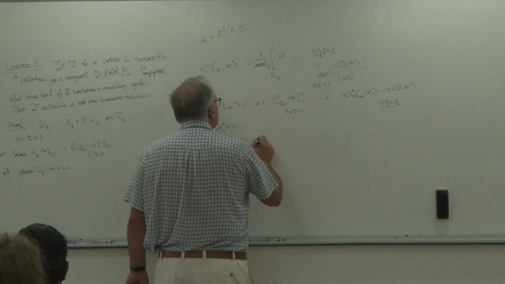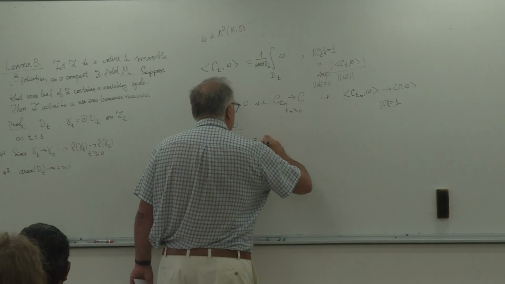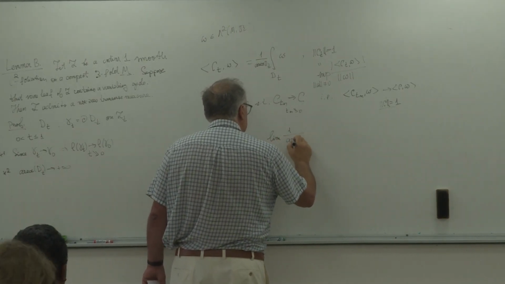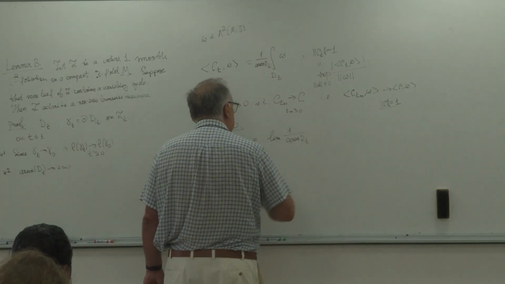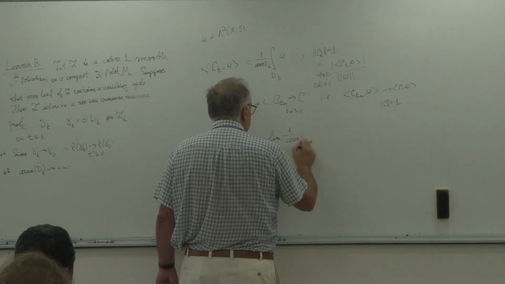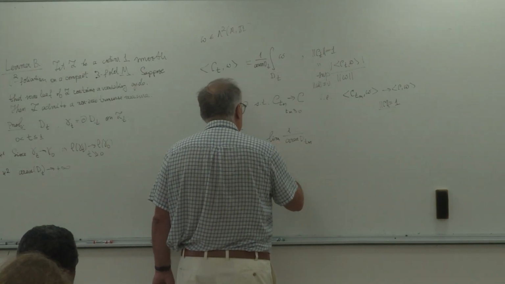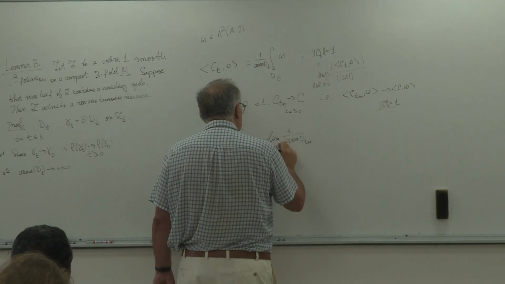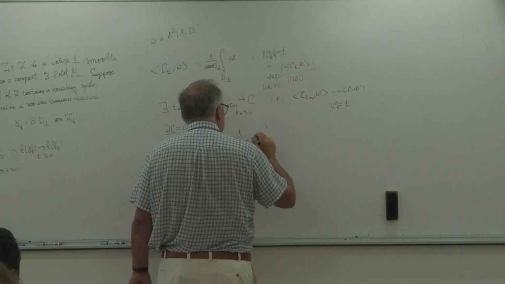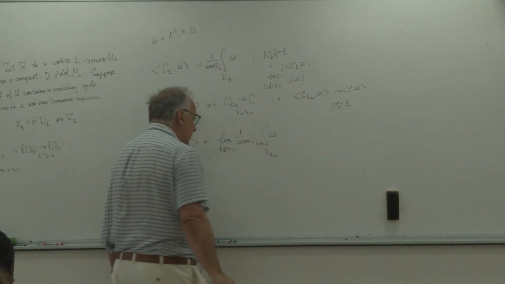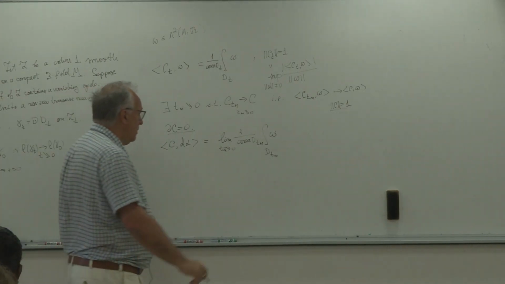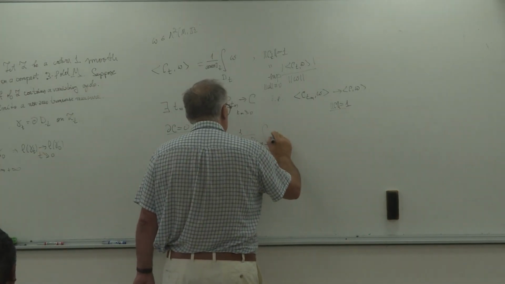So this is equal to the limit, when Tn goes to 0, of 1 over the area of DTn, times the integral over DTn of d alpha, of course.